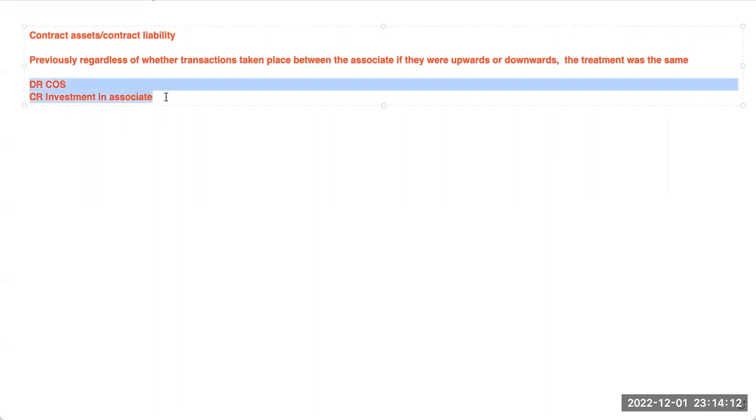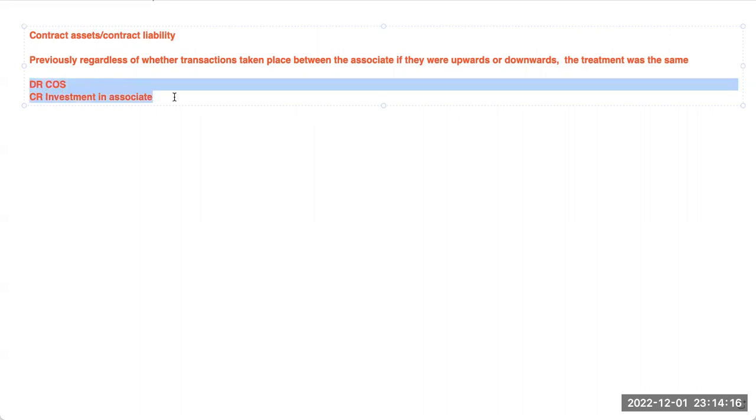So previously, if we made our calculation without identifying whether the sale took place in upward or downward stream, we would correct it by putting this kind of entry. This answer would have been accepted as correct, but from the technical articles issued from June 22nd, the downwards and the upwards transactions should be separated.